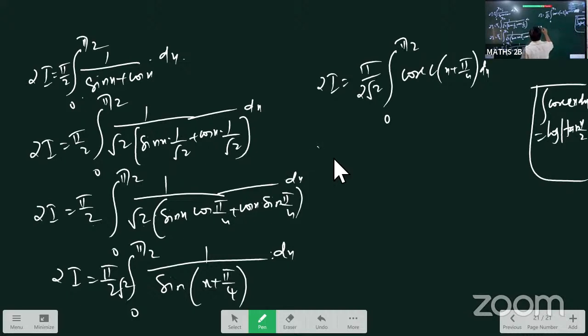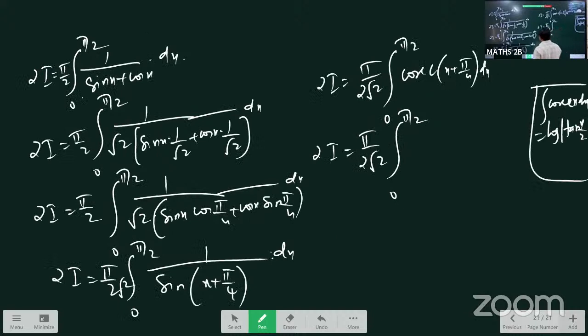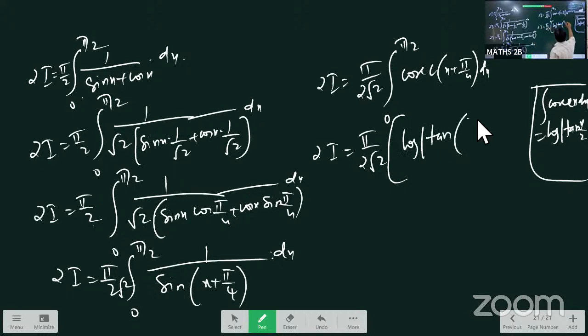That is 2I equal to pi by 2 root 2, from 0 to pi by 2. Okay, don't need to write integration now. That is log of tan of x by 2, where x in the sense is x plus pi by 4, divided by 2.